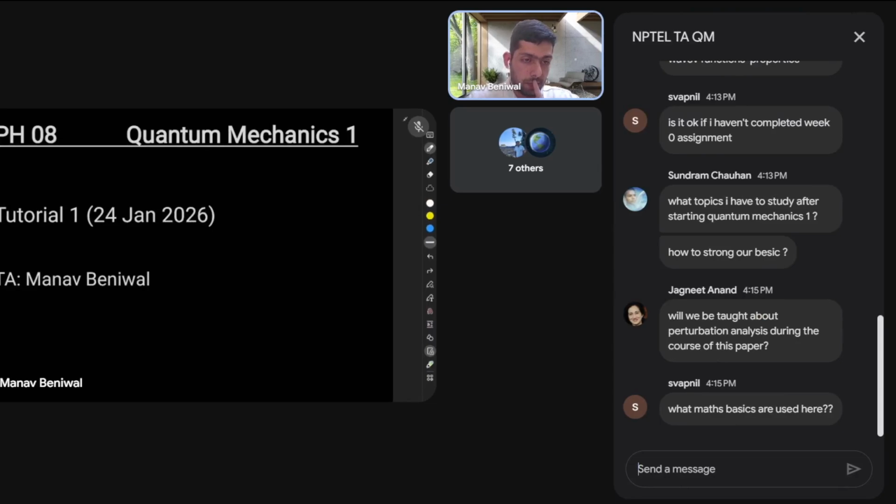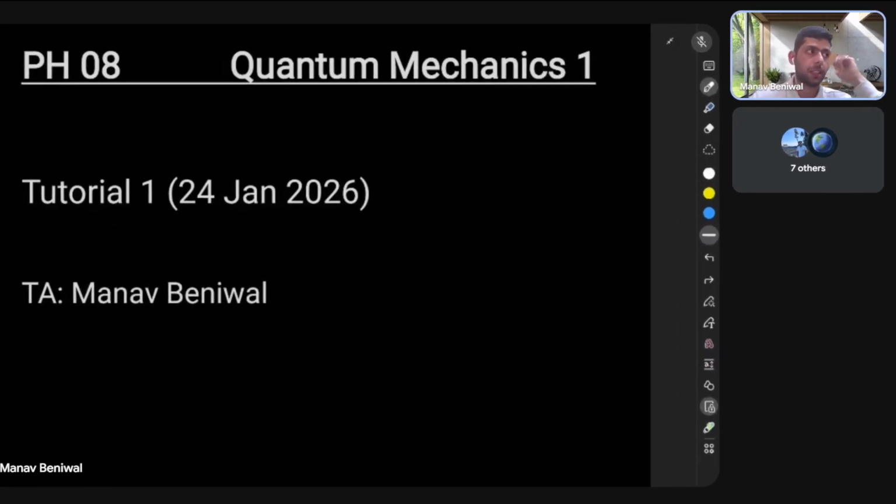What basic maths are used here? So I think if you are talking about mathematics, if you have done a course in calculus, that's good, and linear algebra. Those two will be required here because we will be talking about vector spaces, and we will also be using differential equations because the Schrodinger equation itself is a second order partial differential equation.